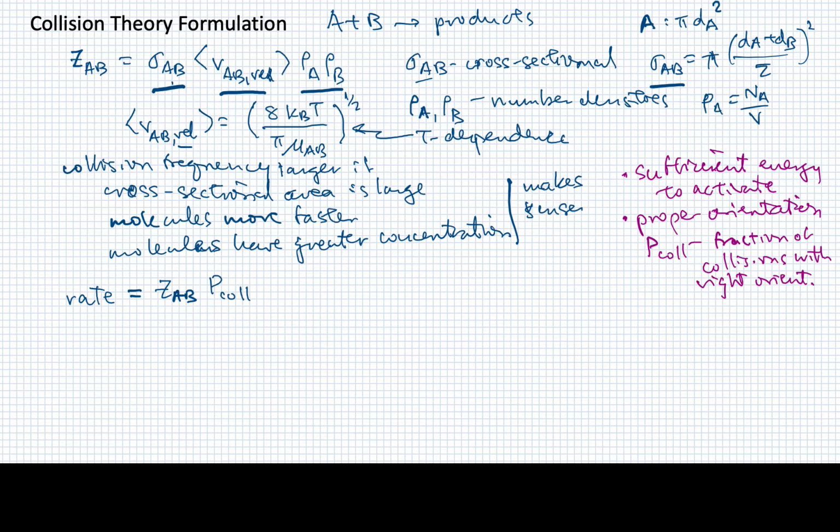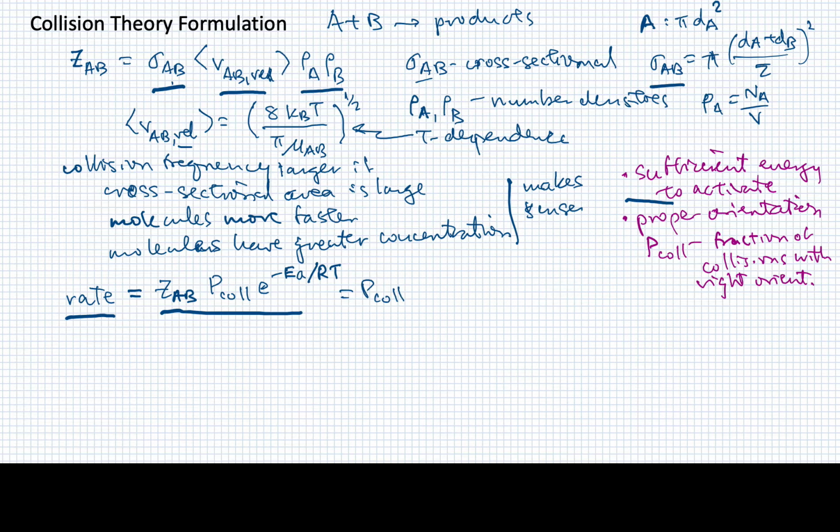And then for this sufficient energy to activate, we already have a correction factor for that from the Arrhenius equation. We can just use the same one. This will cover that. So now we can basically relate the rate of a reaction to these three factors multiplied by one another. And when we write all of this out, I'm going to reorder them a little bit.